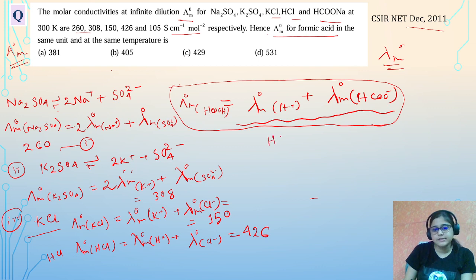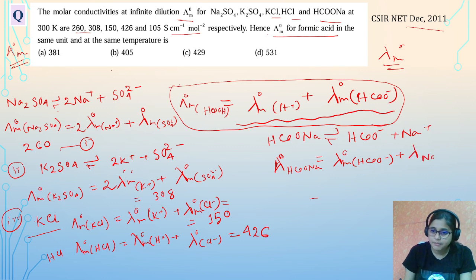Now the last one is HCOONa, which gives HCOO minus plus Na plus. So delta M0 of HCOONa is lambda M0 of HCOO minus plus lambda M0 of Na plus, and this value is 105.